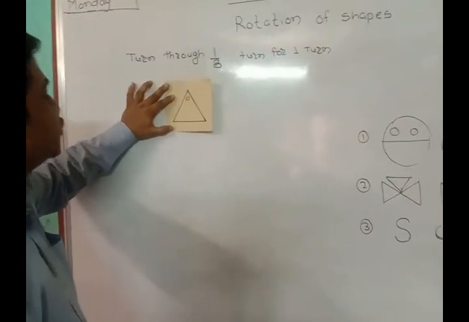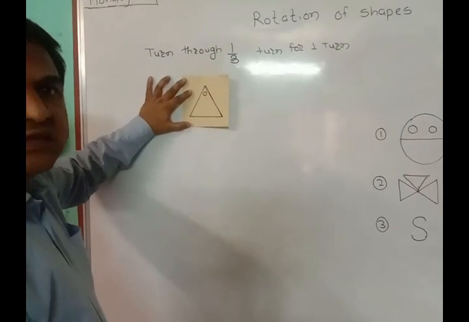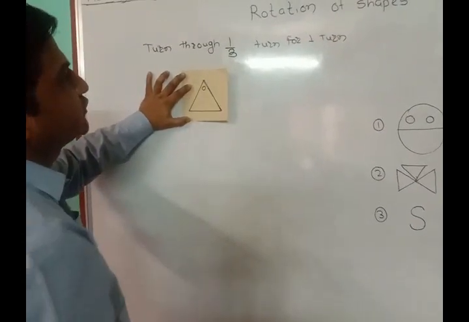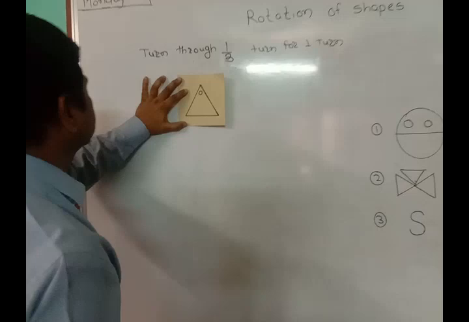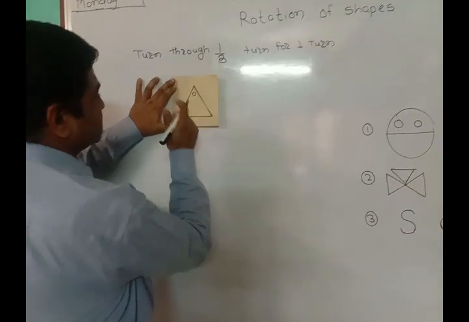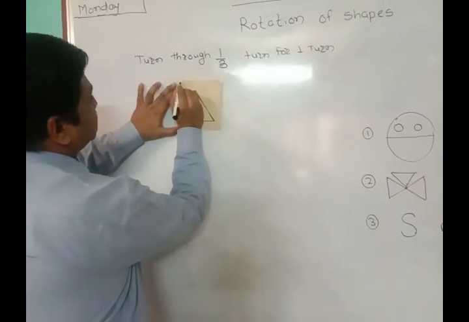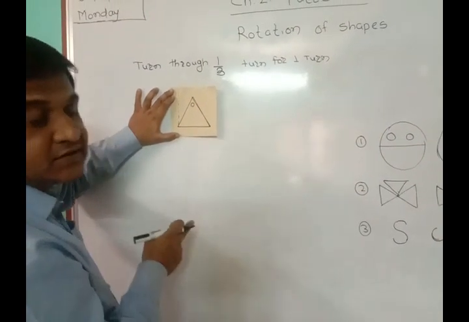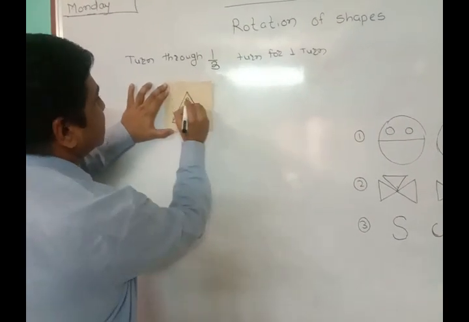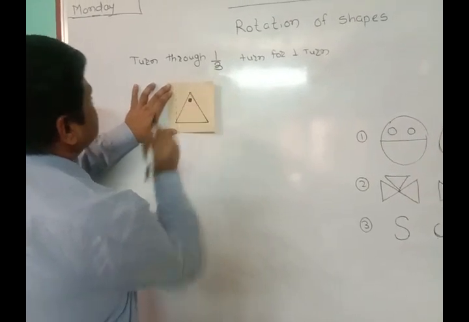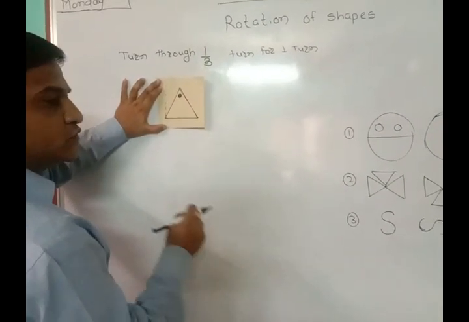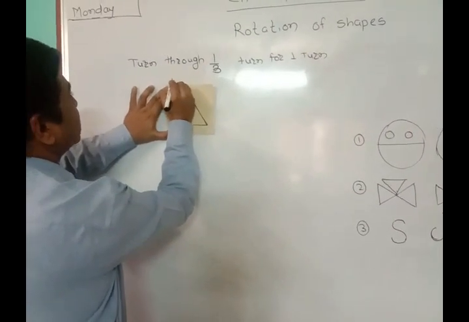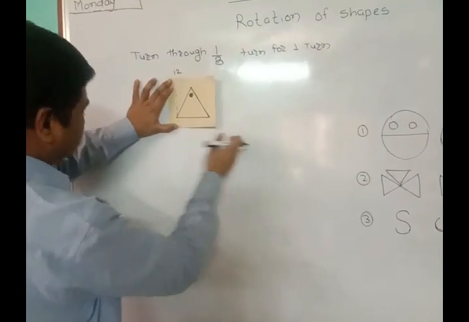Now we are going to turn an equilateral triangle for 1/3 of a turn for one complete turn. An equilateral triangle is a triangle with all its sides equal and all its angles equal. Not only this, there is a dot put in the triangle. So we are going to turn this triangle through 1/3 of a rotation from 12 to 4 and 4 to 8.